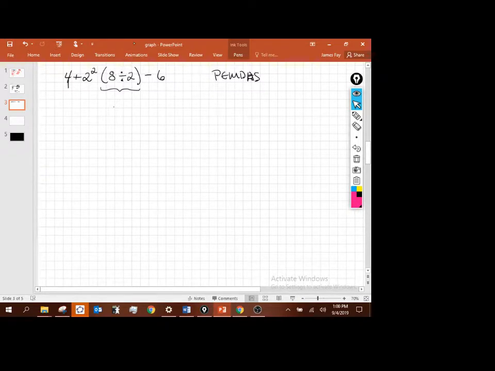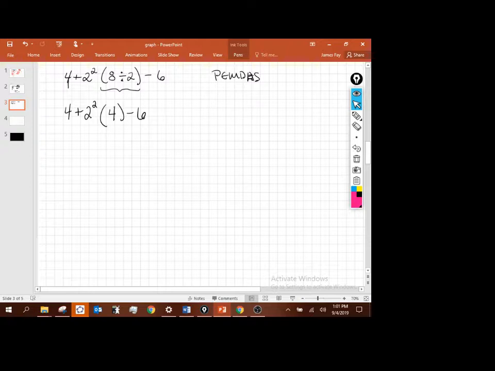That's my separate kind of new problem to focus on. There's no more parentheses inside there. There's no exponents inside there. But now I get to multiply and divide. Do I have one of those operations in there? Got division, right? So I'm going to go 4 plus 2 squared. 8 divided by 2 gives me my 4, and then minus 6, right?